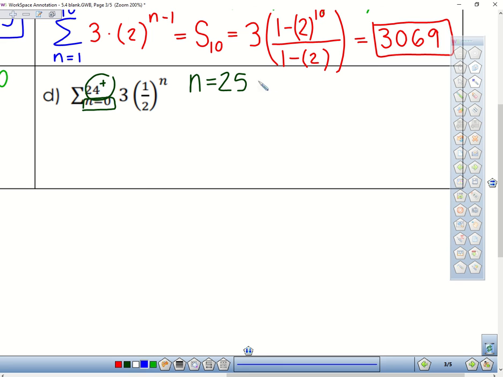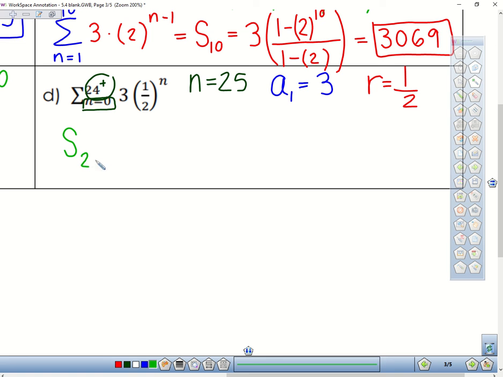Alright, so now that we have that information, we're now going to find A1. And what is my A1 in this case? Good. And what is my common ratio here? 1/2. So now that I have all that information, I'm going to sub into the sum formula.